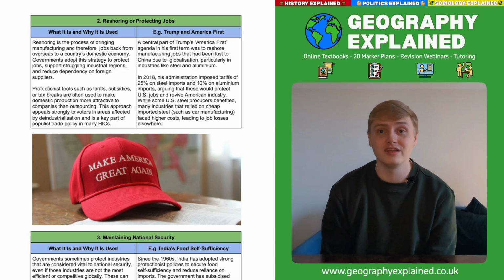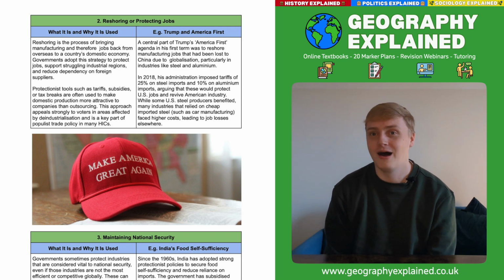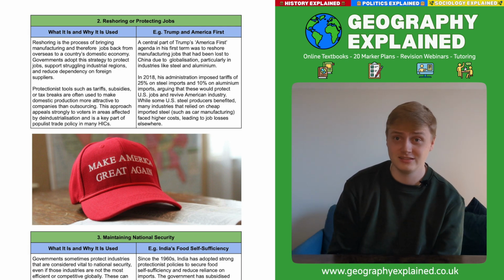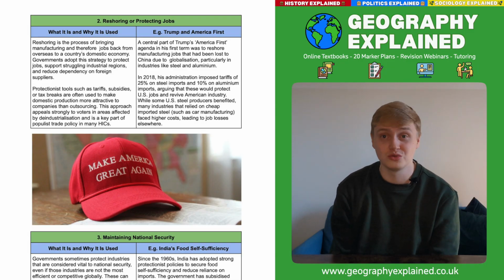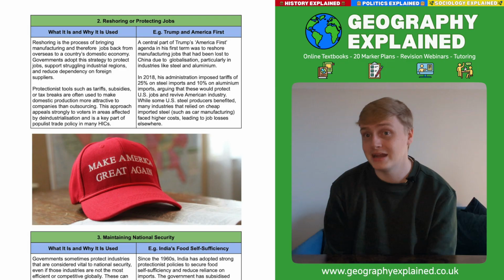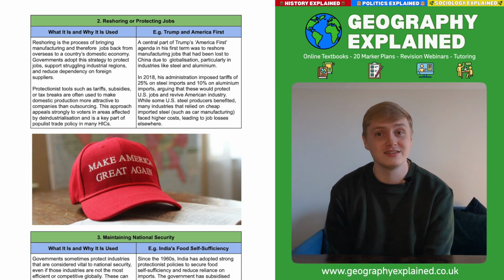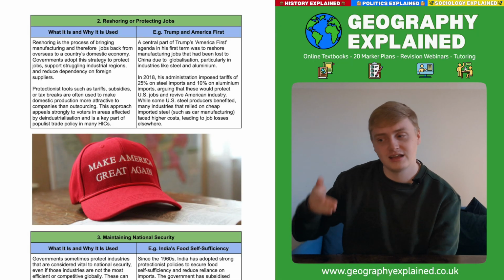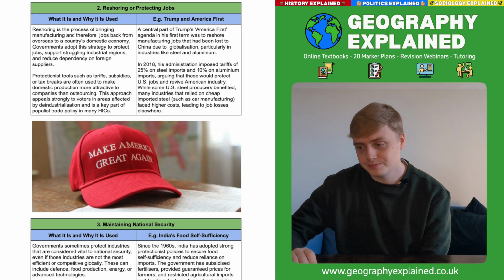And as a result, some steel companies wouldn't want to be producing in China, because then to sell to the United States, which is a big market, consumers would have to pay 25% more, which made it more expensive. And therefore, instead, they might produce in the United States, bringing jobs back to the United States. So that's another key reasoning why a government may use protectionist measures.